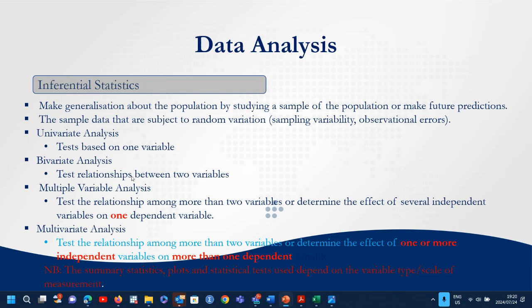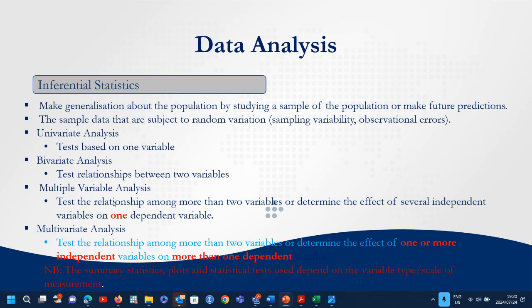Then bivariate means your hypotheses are about relationships between two variables. Bi means two, uni means one. So here you might have a hypothesis centered around one variable. Here you have a hypothesis centered around two variables. That's bivariate. You might have hypotheses centered around multiple variables.